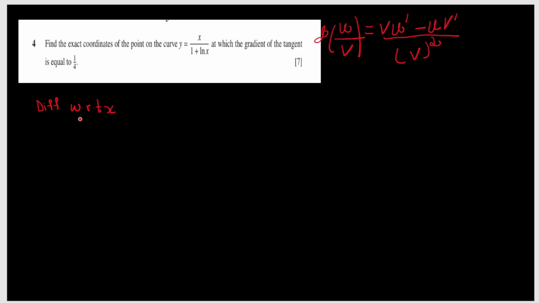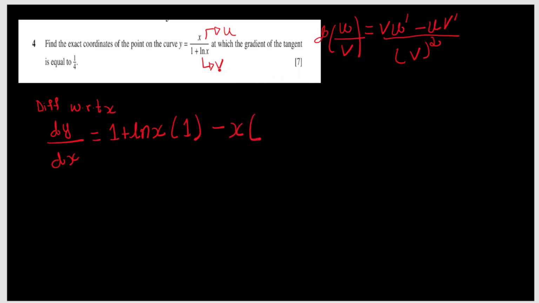So we're going to write dy over dx is equal to, and you can pause the video and do it on your own as well. 1 plus ln x, so this is v and this is u. We wrote v as it is, and then we have the differentiation of x, which is going to be 1, minus x.